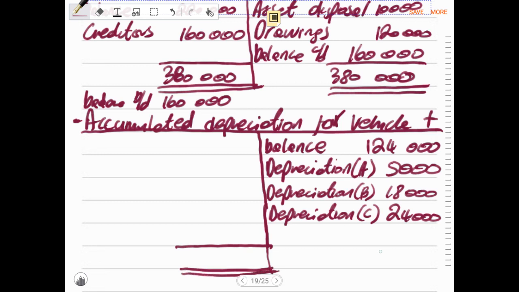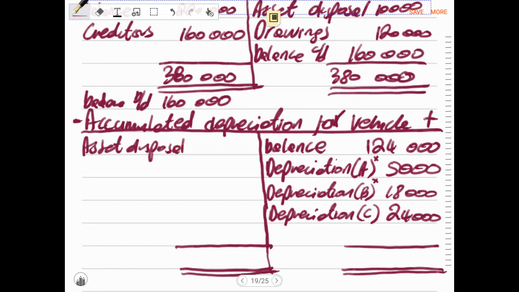So now we have to remove the accumulated depreciation for the assets that are no longer in the business. Remember, motor vehicle A is no longer in the business, motor vehicle B is no longer in the business. So now we need to remove all their accumulated depreciation. For us to remove that, we have to record it on the debit side of this ledger account. Therefore, now we will have the contra entry as asset disposal.